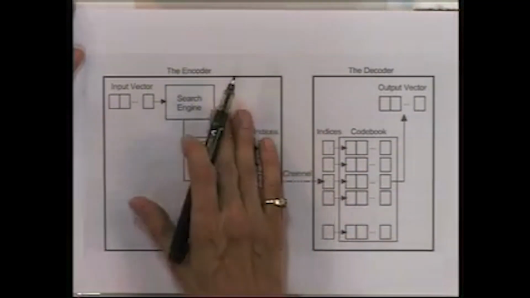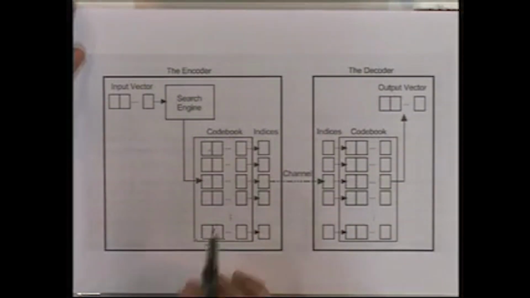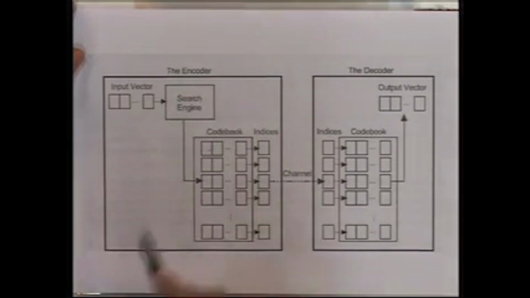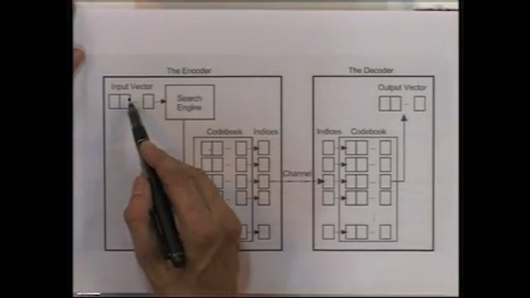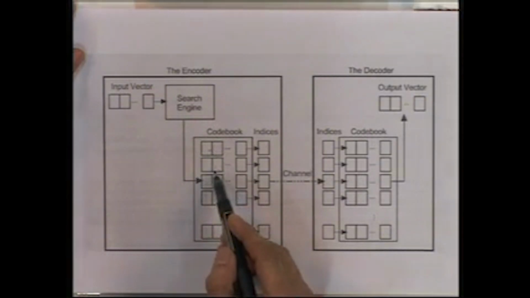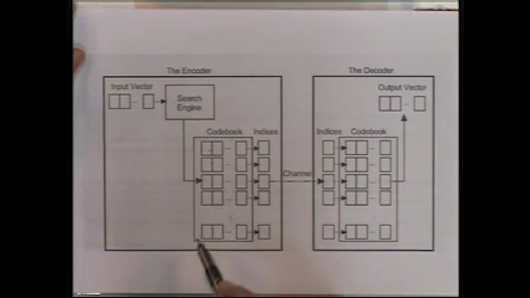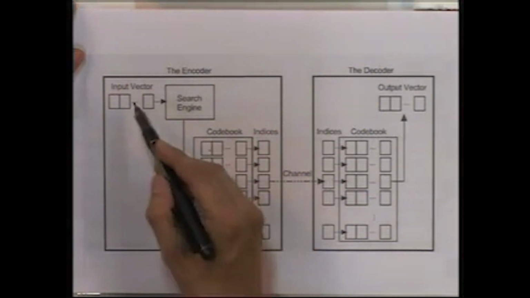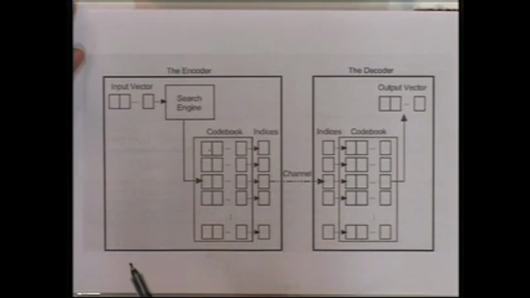The next step in vector quantization is performed by the search engine. The task of this search engine is to take an input vector and compare it to each code vector in order to find the code vector which is closest to the input vector.